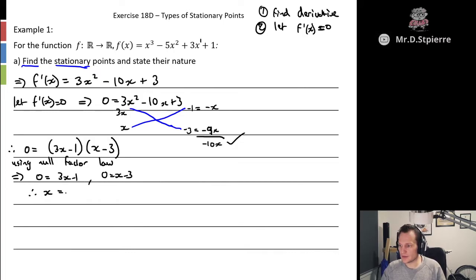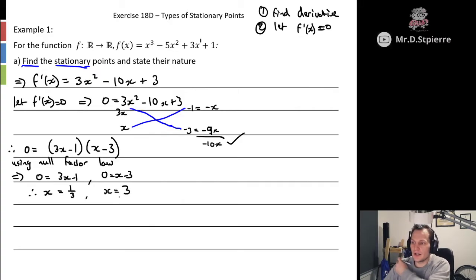Therefore, x is equal to 1/3, or x is equal to 3. So we've now found the x coordinates of our stationary points. We know that x is equal to 1/3 and x is equal to 3.